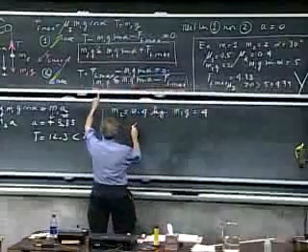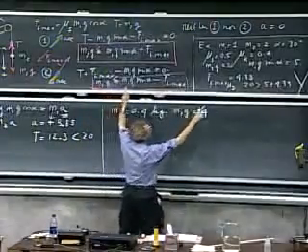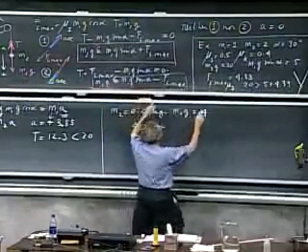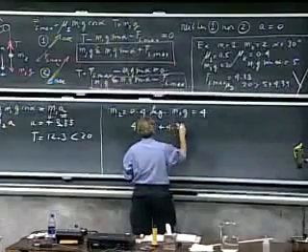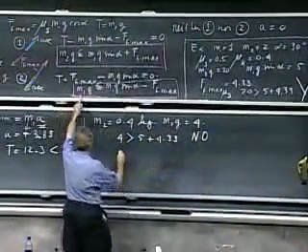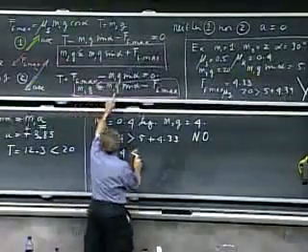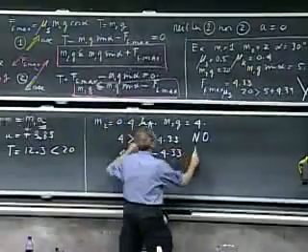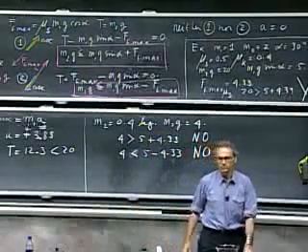Is m2 g, which is 4, larger than 5 plus the static frictional force, 4.33? The answer is no. I'm going to test for my second case. Is m2 g smaller than 5 minus 4.33? The answer is no.